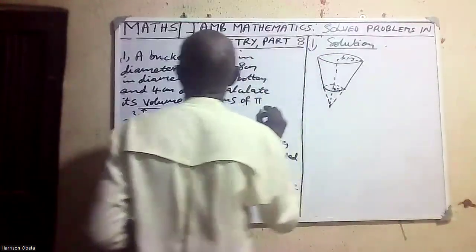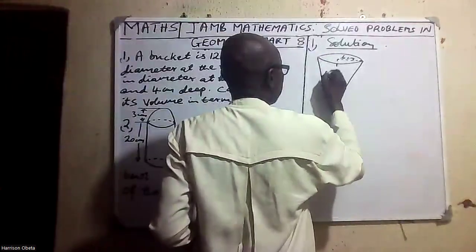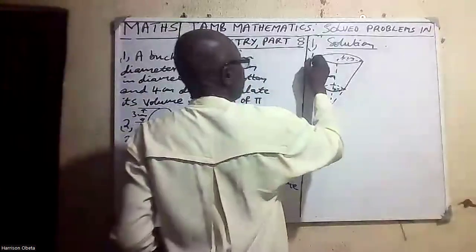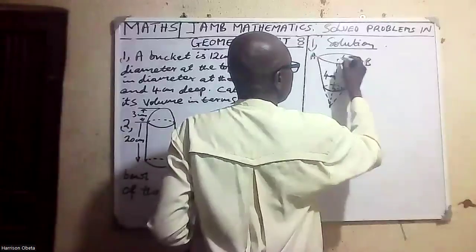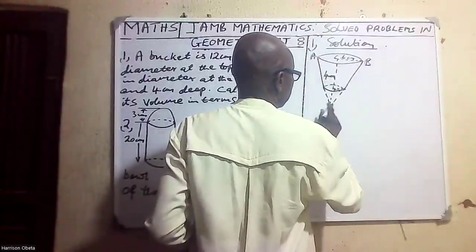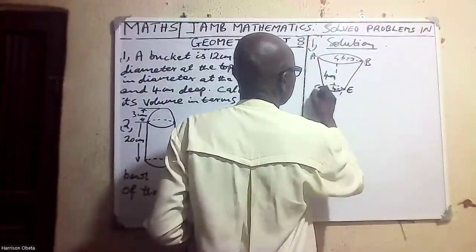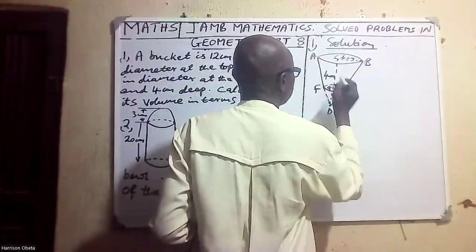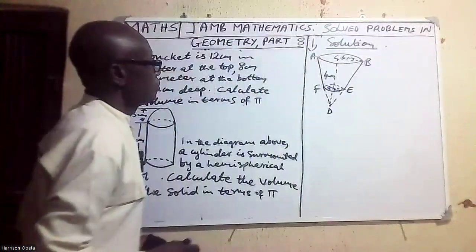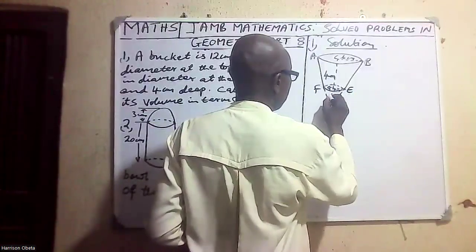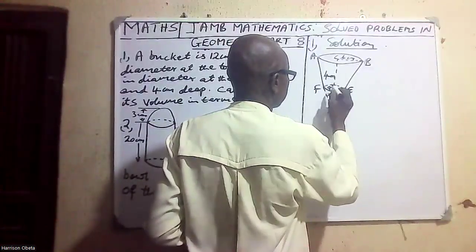And then the height or the depth is 4 cm. And then we can label this A, B, C, D, E, F, G. Okay. So here we don't know the height of this, so we can take it to be X, for instance.